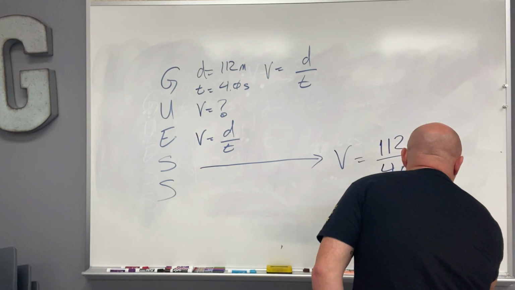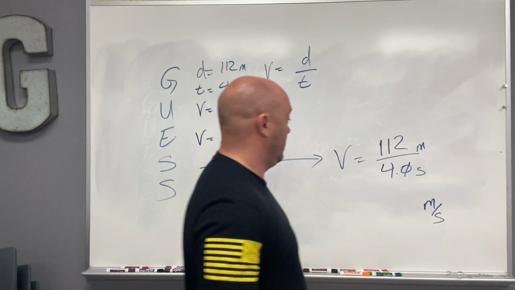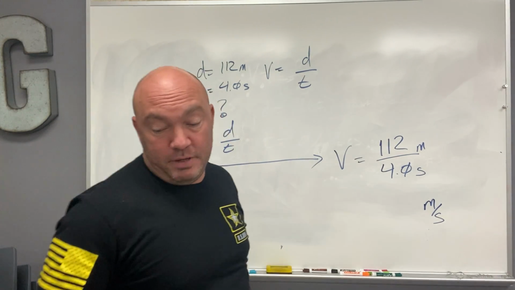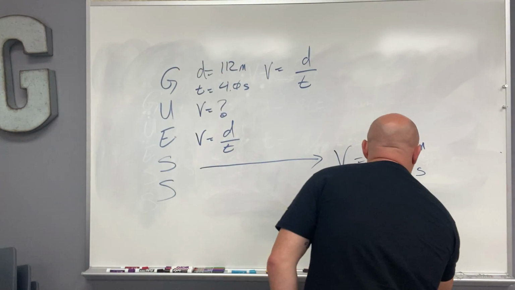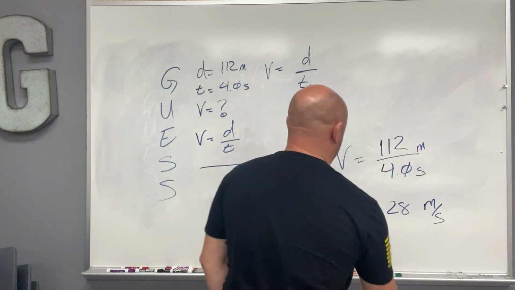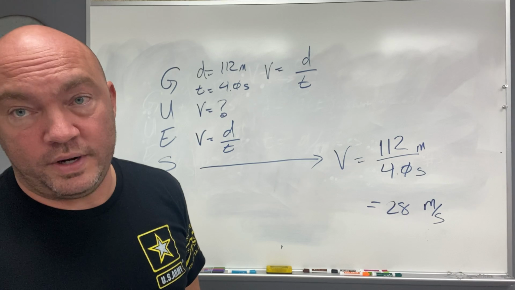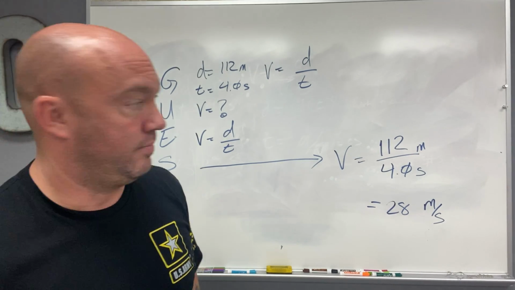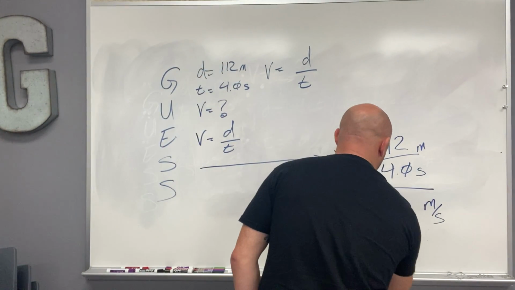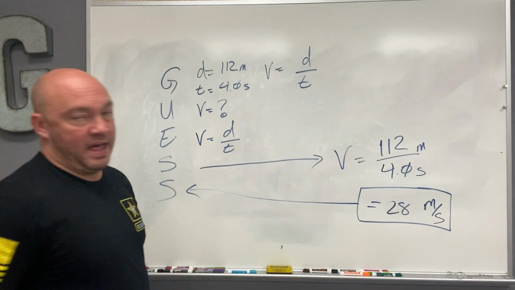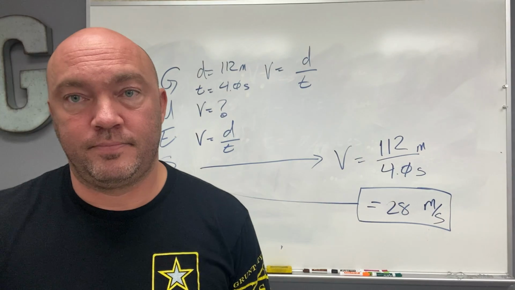So I know that my unit's going to be meters per second. 112 divided by 4 is going to give me 28. So velocity is equal to 28 meters per second, okay? That is my answer, okay?